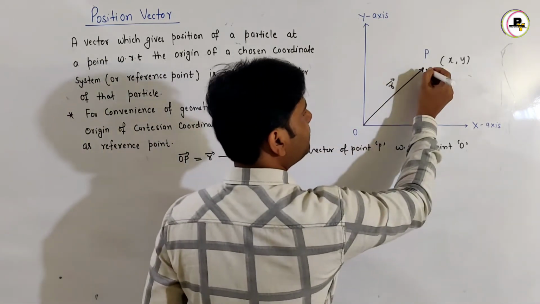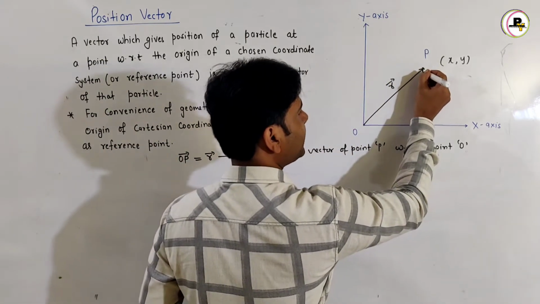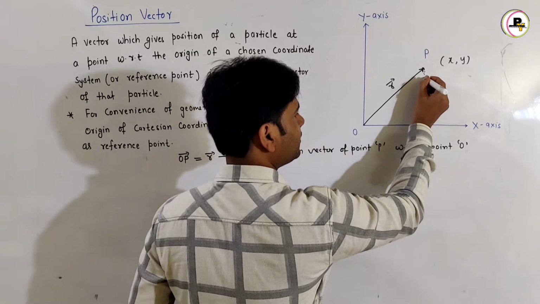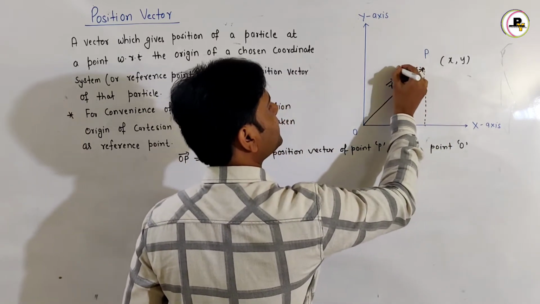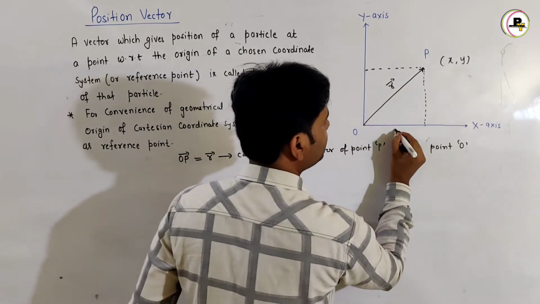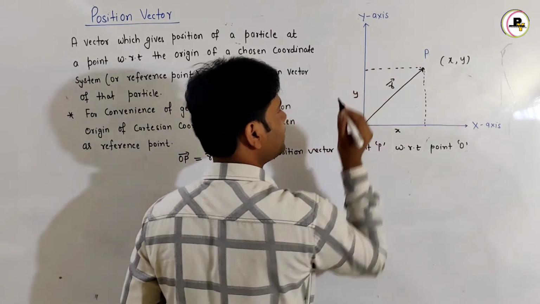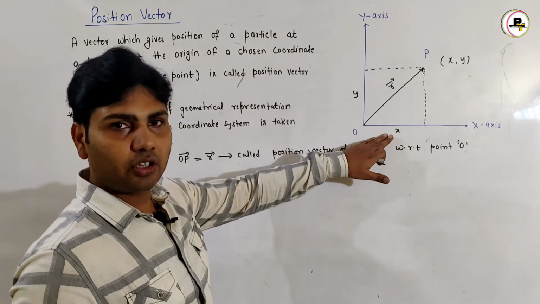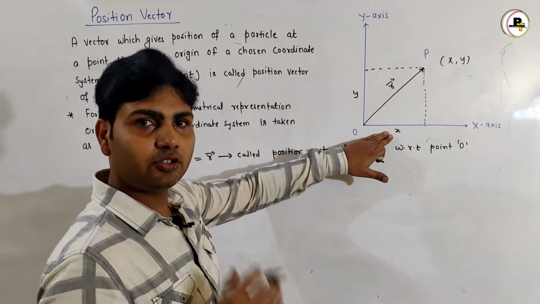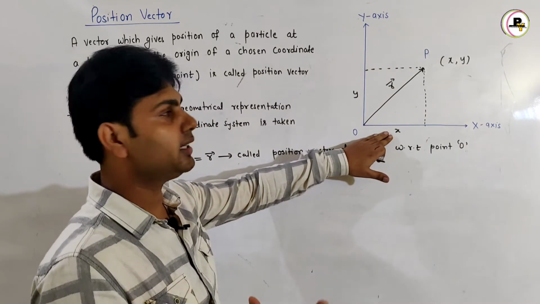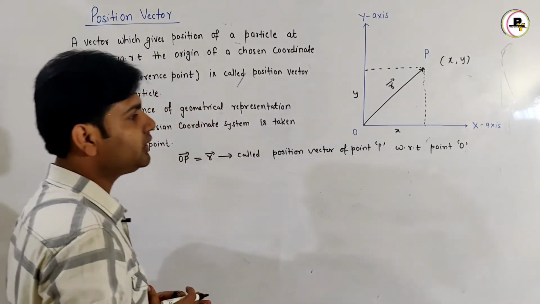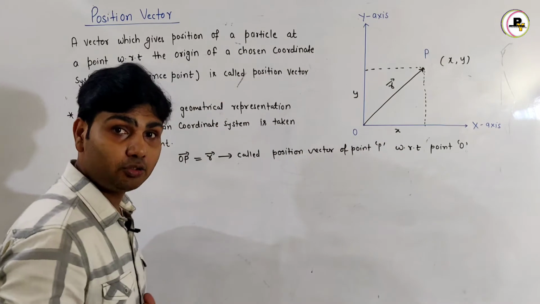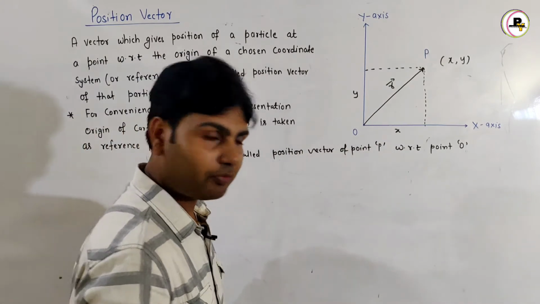Now if I drop the perpendicular from point P on x-axis and on y-axis, then this value is called x and this value is called y. In order to express this x and y in the form of x coordinate and y coordinate, I need to multiply x and y by the unit vectors along x-axis and y-axis.